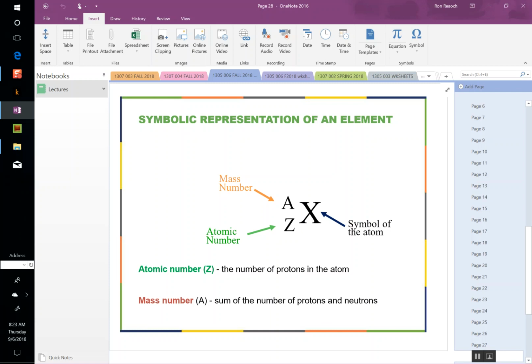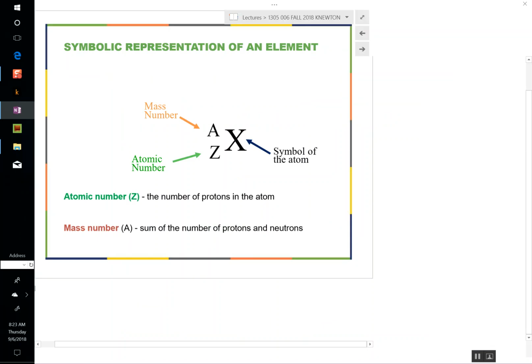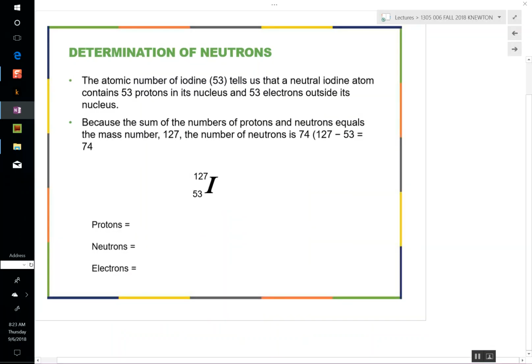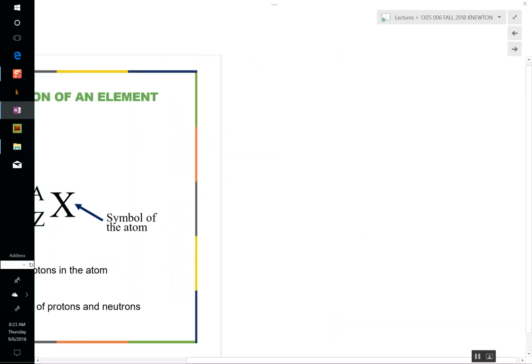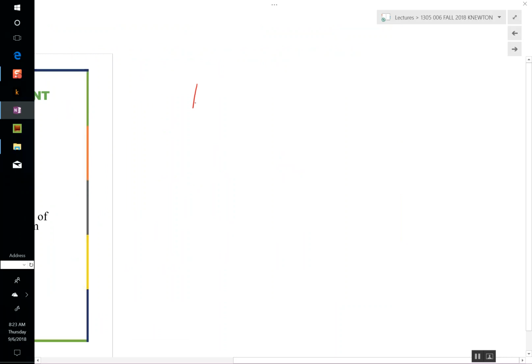So I don't think I've introduced you the concept of isotopes yet. Let's see if that's coming up on the next slide. I have my slides here. We need to kind of understand isotopes for a second here. So hydrogen is atomic number 1. That's its Z number.